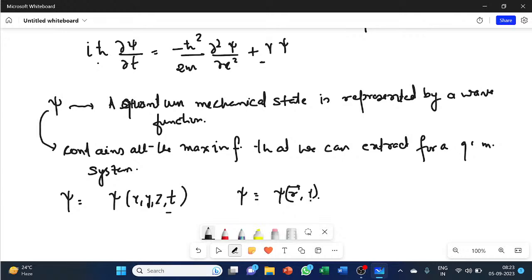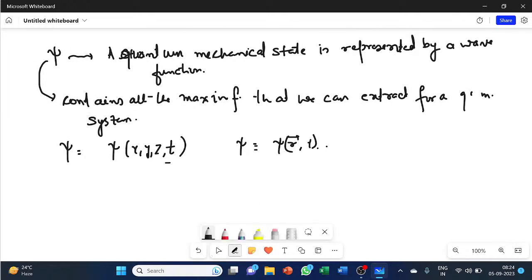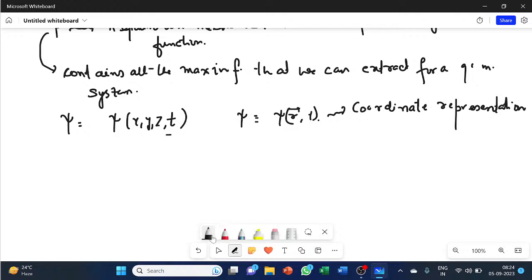Later on we'll see that this is sometimes called the coordinate representation. Later on we'll see that there are a few quantum mechanical problems where it is better to see a wave function as a function of momenta or wave numbers rather than coordinates. There we would use something called the Fourier transform in order to change our wave function from coordinate space to momentum space.